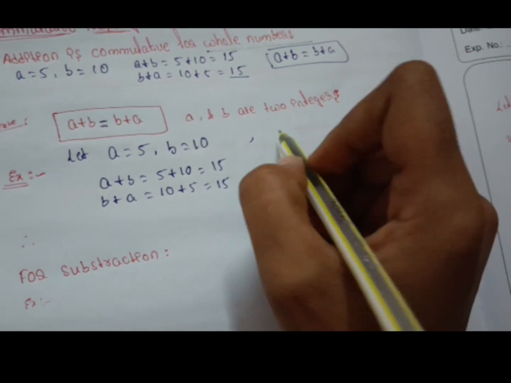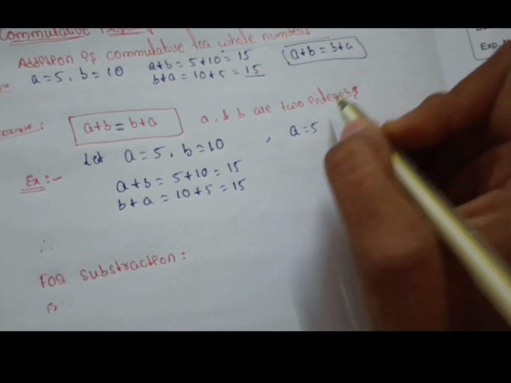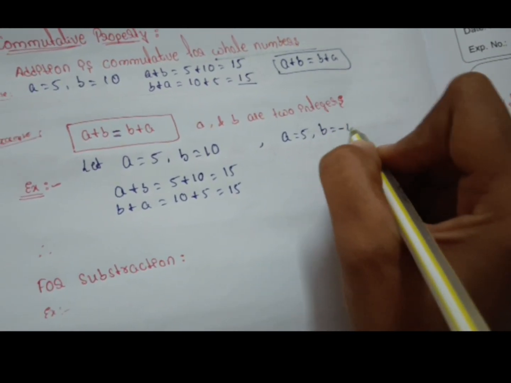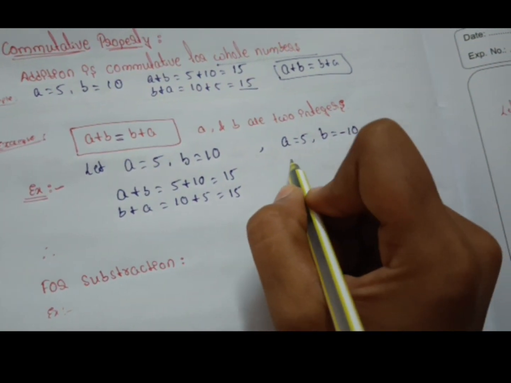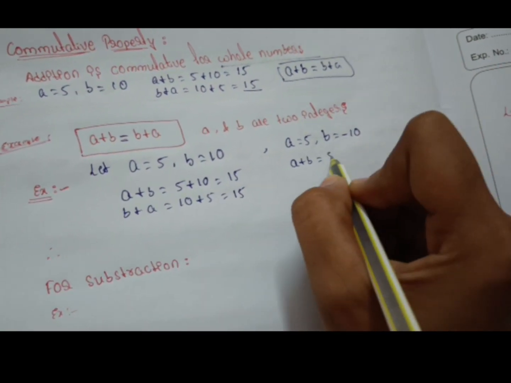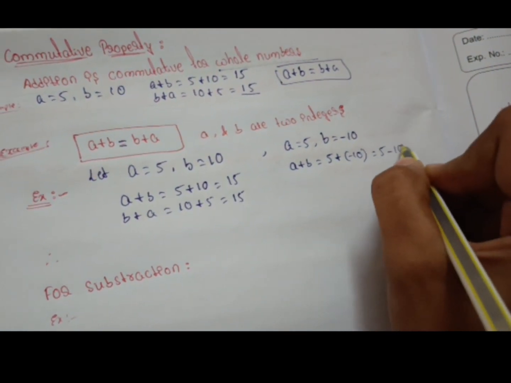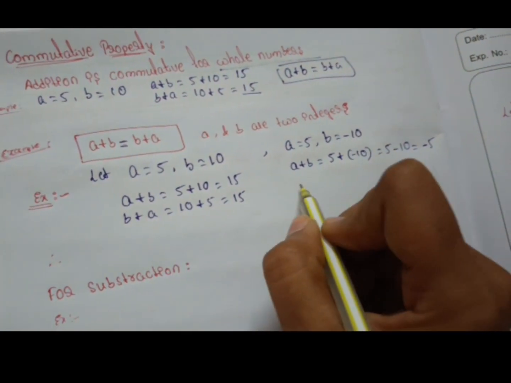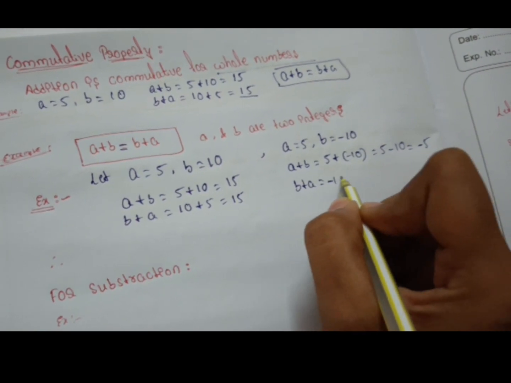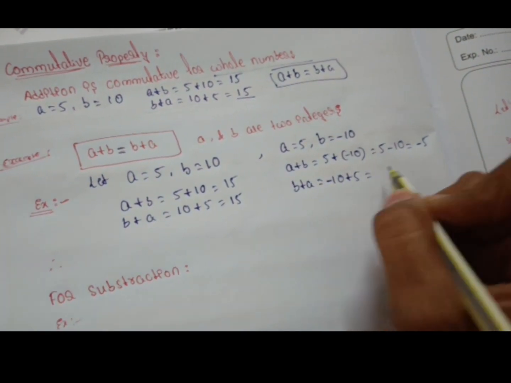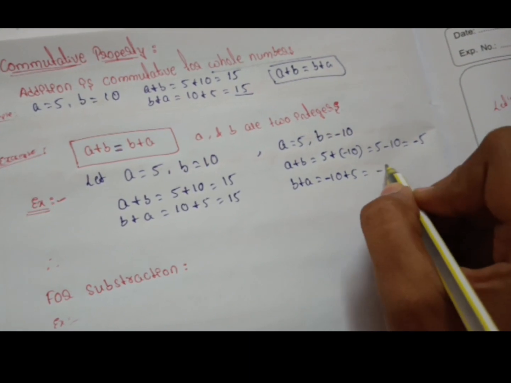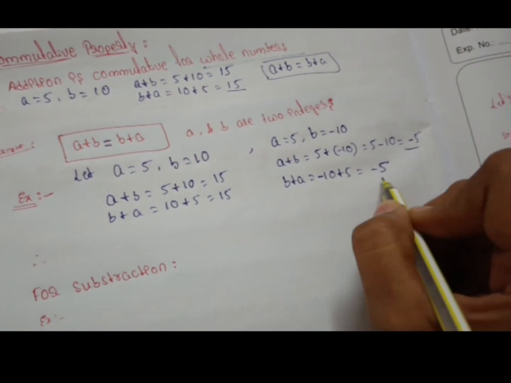We'll check another example. A is equal to 5, b is equal to minus 10. So a plus b is equal to 5 plus minus 10, which equals 5 minus 10, minus 5. B plus a is equal to minus 10 plus 5. We will get minus 5.